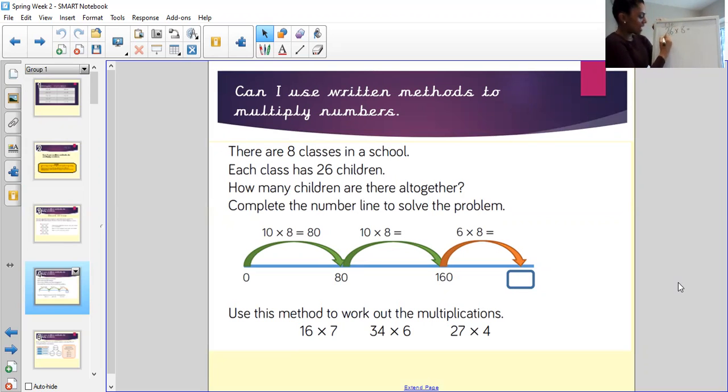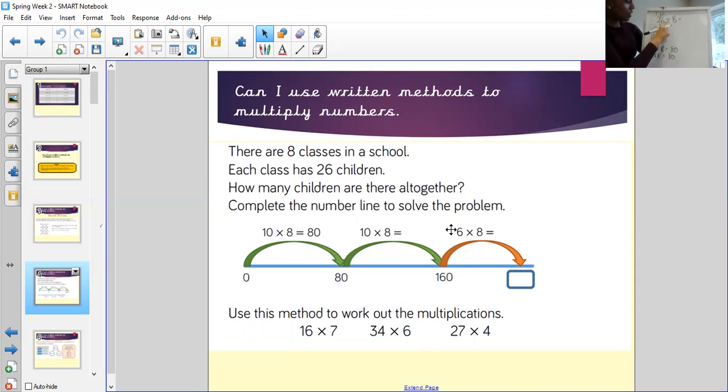We have 2 tens in this section, and we've got 6 ones. So the first thing I'm going to do is do 10 times 8 equals 80. And then if you follow on to the next jump where my cursor is going, 10 times 8 again equals 80.